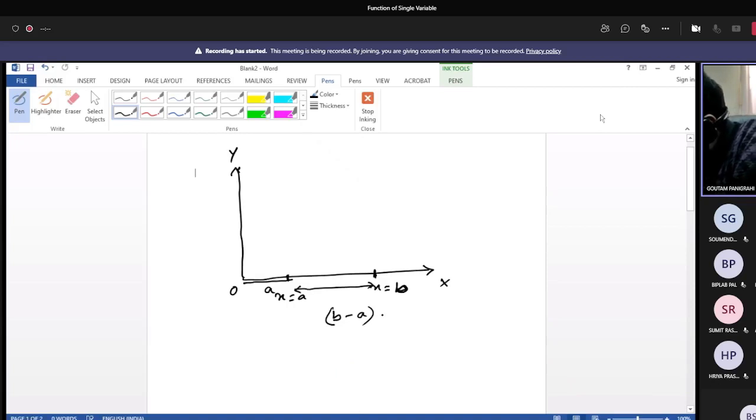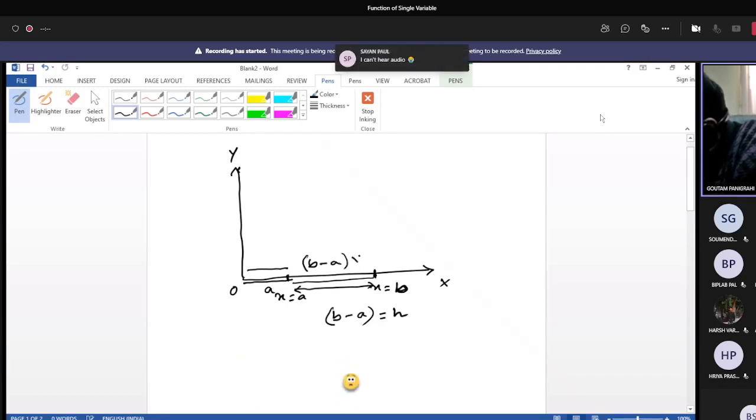You have just assumed that this interval b minus a is a small h. Then how can you represent the intermediate point? The intermediate point will be a plus b minus a into a quantity which ranges between 0 to 1.